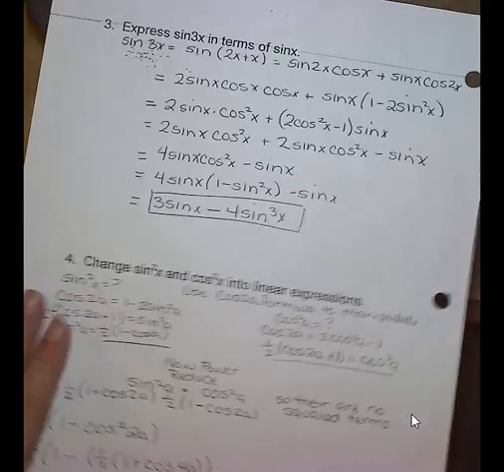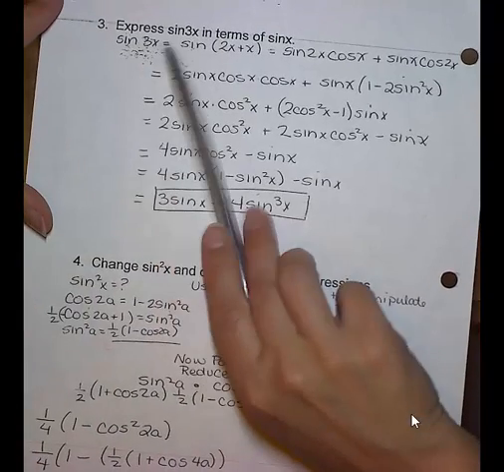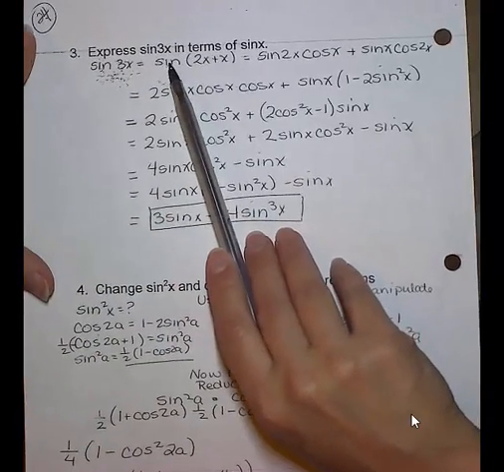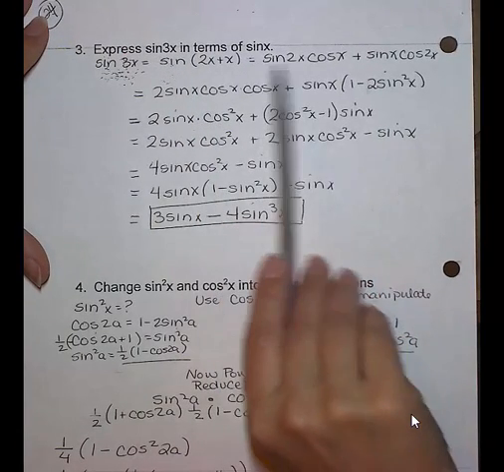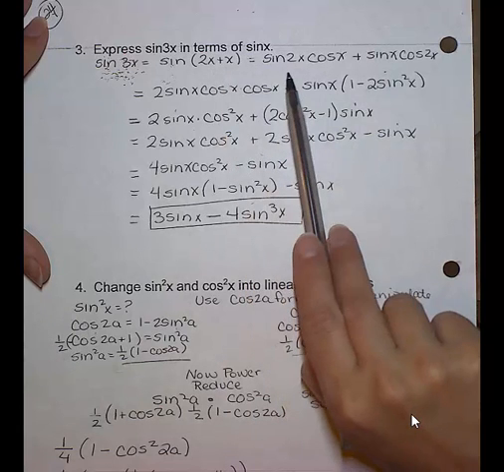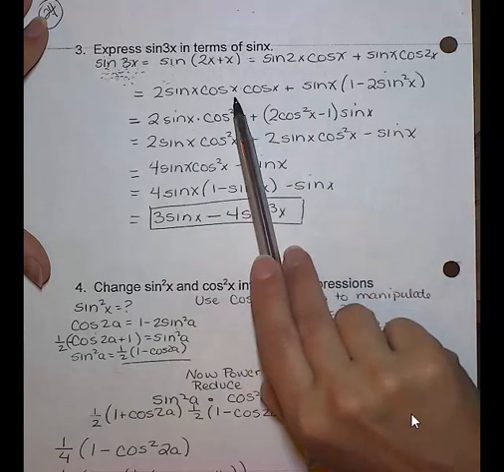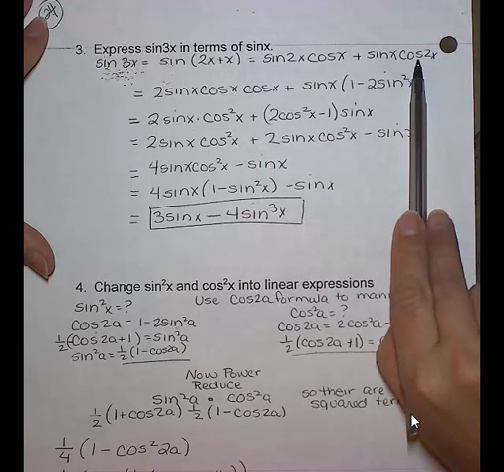Okay, next page. On 24, we go through, again, a triple angle formula. It is not ever a formula that you will have to use, but this just shows you how we can derive it by changing to addition, changing the double angle formulas to sine x, cosine x, and the double angle formula for cosine.